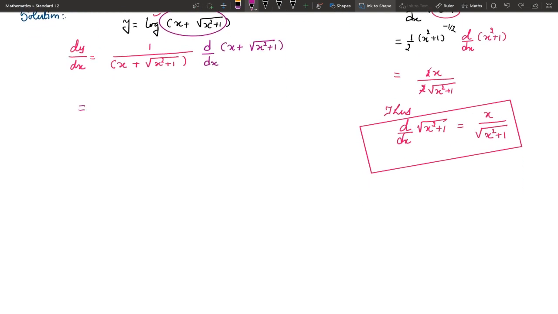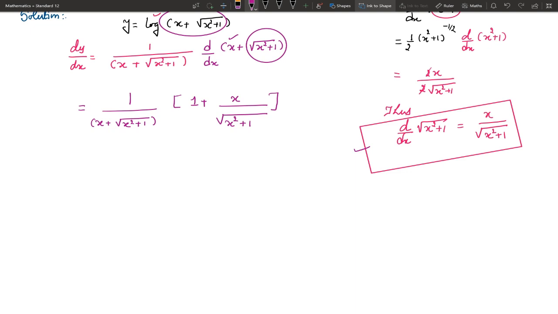Now this is as it is, 1 upon x plus under root x square plus 1 as it is. Here d by dx of x with respect to x is 1 plus, now the derivative of this thing we have shown separately, its value is x upon under root x square plus 1, d by dx of under root x square plus 1.